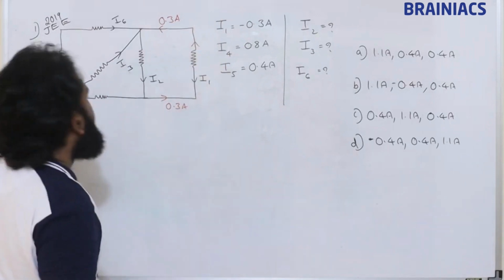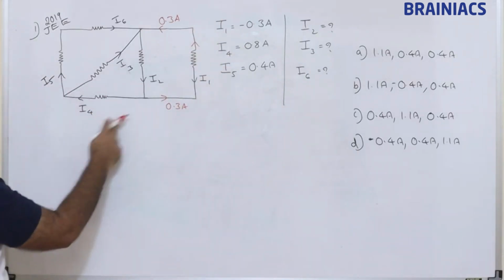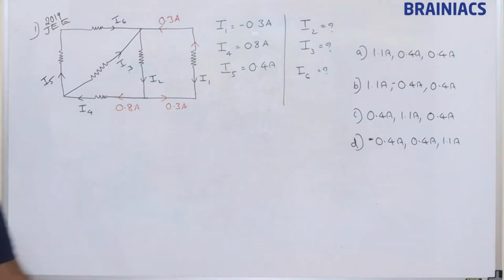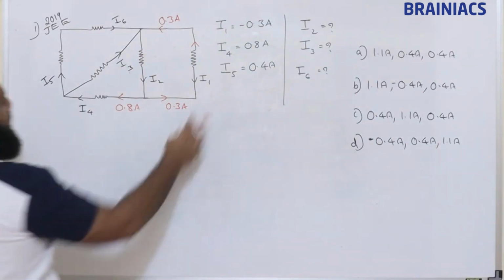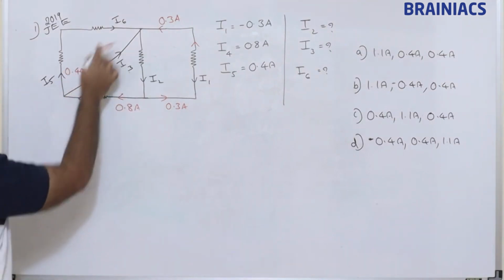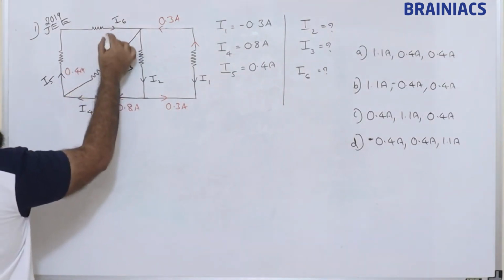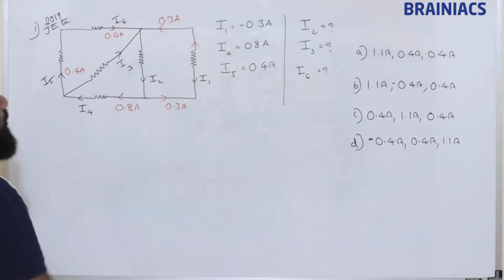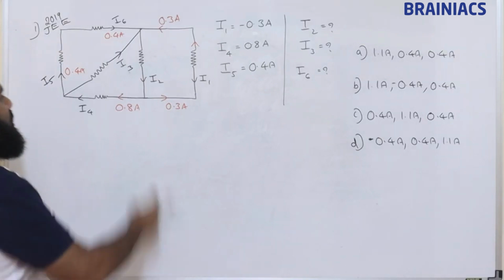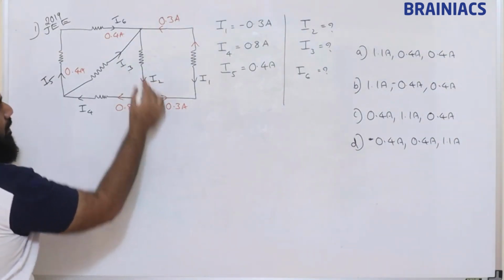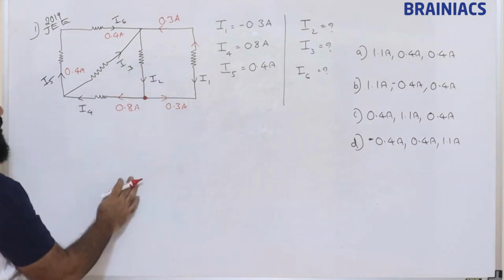That is I1. What about I4? I4 is given as 0.8 ampere. Then they have given I5. I5 is 0.4 ampere, the same as I6, 0.4 ampere. Now we need to find this. One thing we can understand is this is a junction. So I2 is entering.